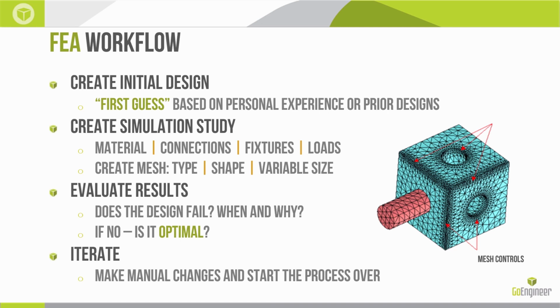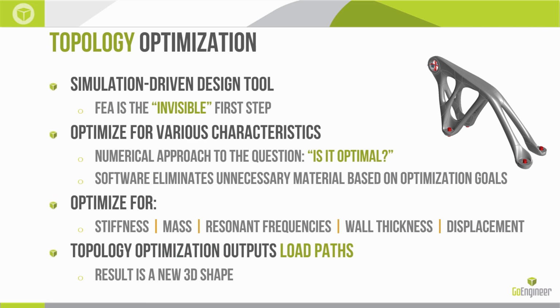So what we do is we assess the results, we make some design changes potentially, and we call this iterating, and then we run through the simulation again. But I'm always relying on me and my personal experience to set up correct studies, one, but also to be able to read the results. And reading the results and making good design decisions based on the results is a difficult thing to do. So that's where topology optimization comes into play.